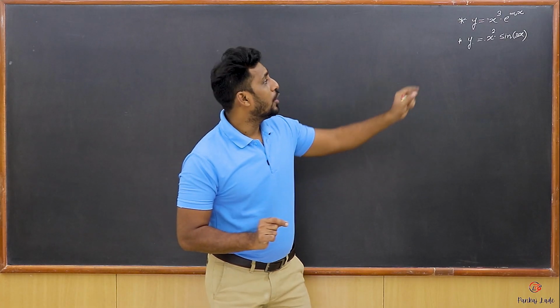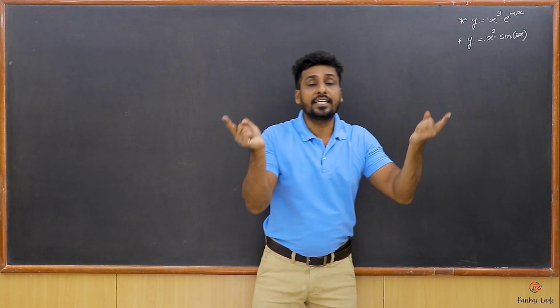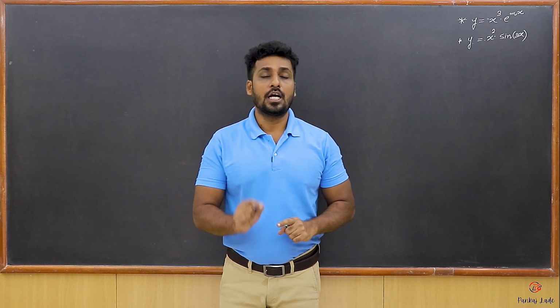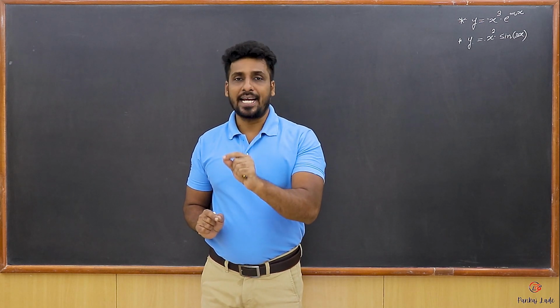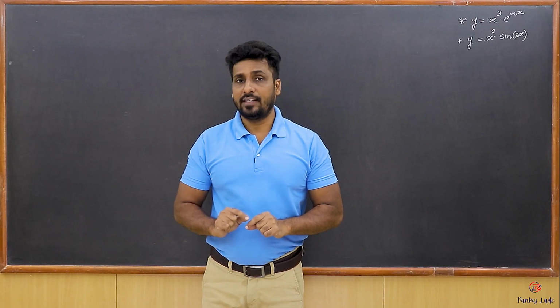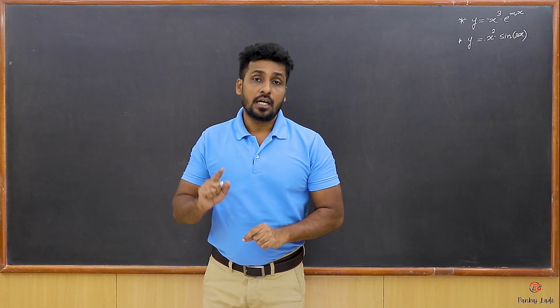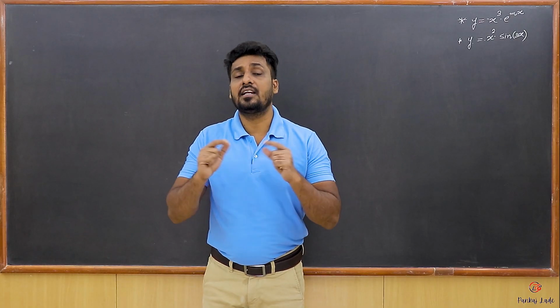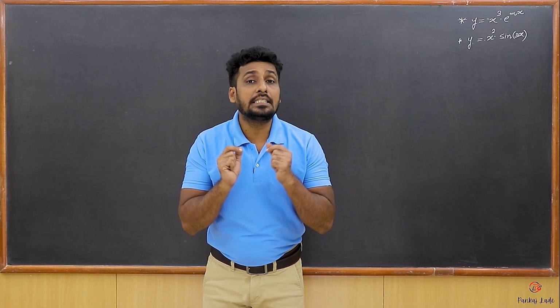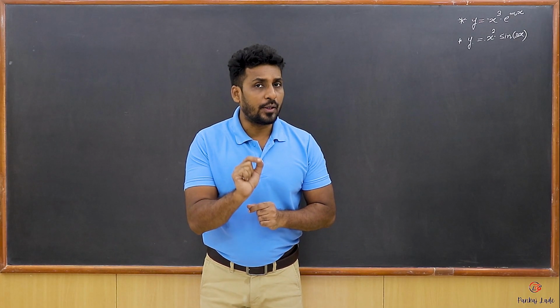Observe carefully. Look at x cube. Start thinking about its derivative in your mind. The first derivative of x cube is going to be 3x square. The second derivative is going to be 6x. The next derivative is going to be 6 and the last derivative is going to be 0. Are you observing what has happened over here?